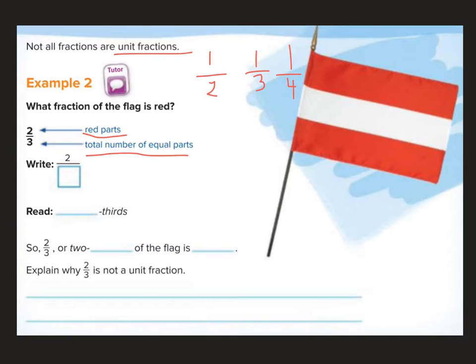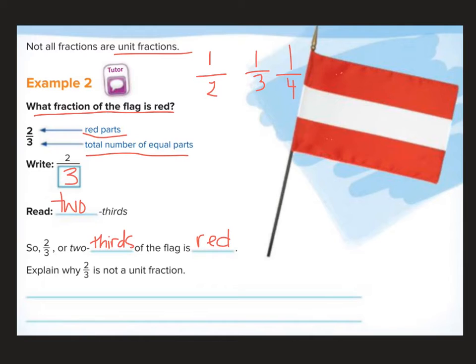So if I wanted to say what fraction of the flag is red, well, 2 parts are red out of 3 total stripes on the flag, and they're all equal pieces. Okay, so we would read it as 2/3. So 2/3, or two thirds, of the flag is red.